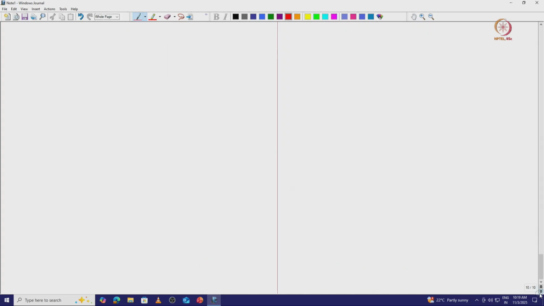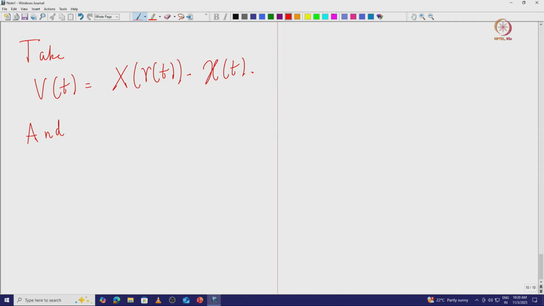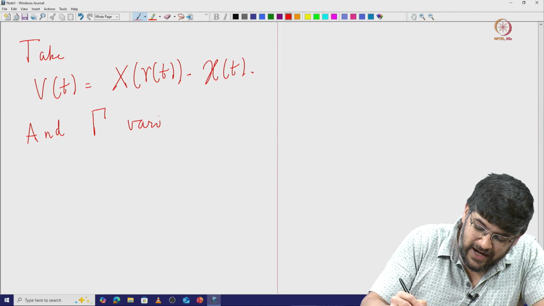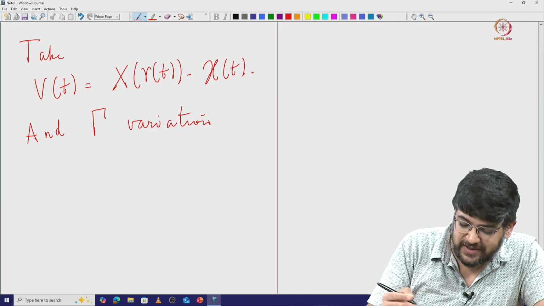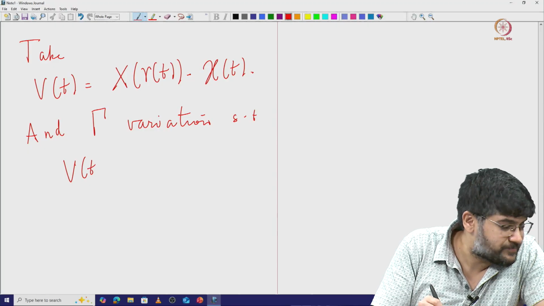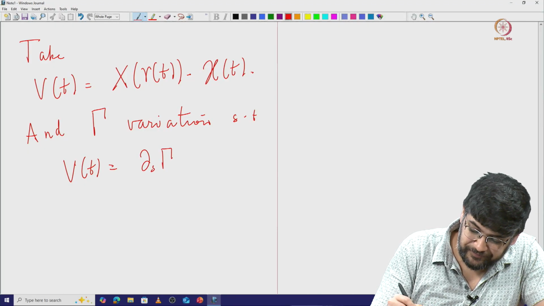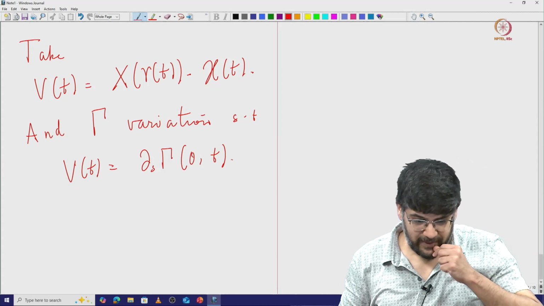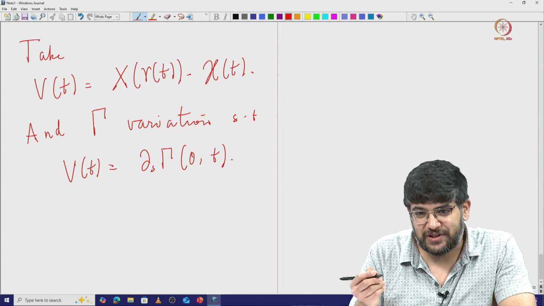And now simply take v of t to be x of gamma of t times this cutoff function kappa of t. And as in the previous step, we construct a variation with this as the variation vector field. Okay. And now apply the first variation formula.